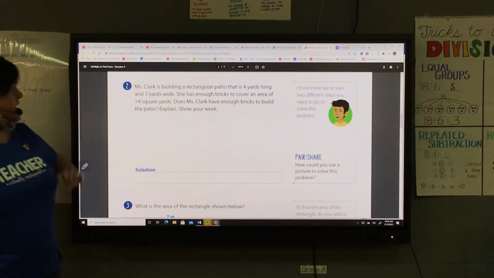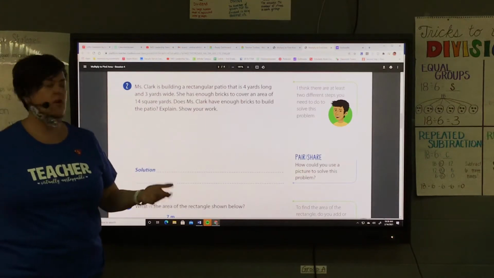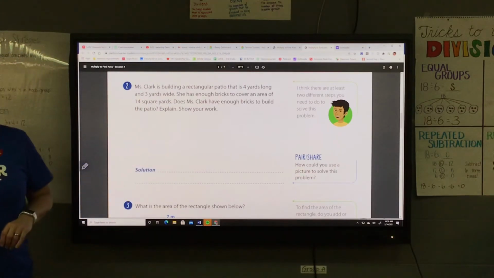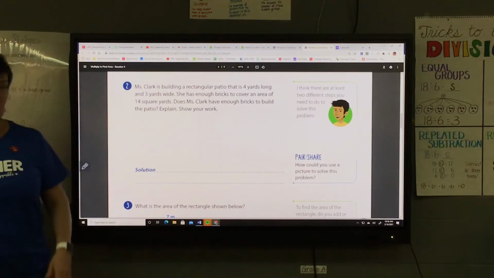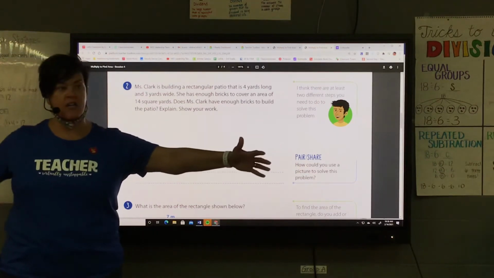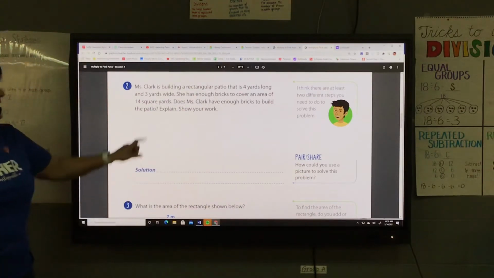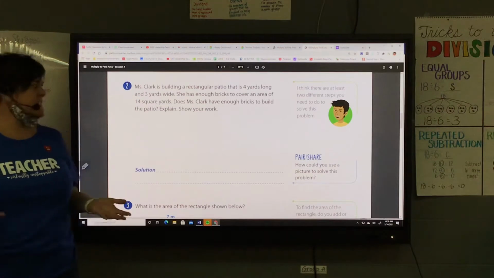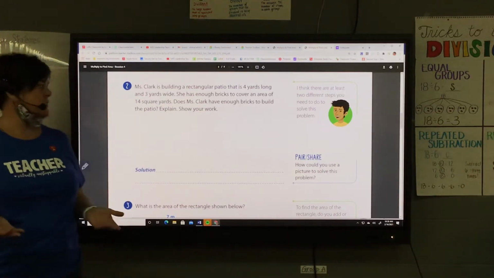Okay, looking at problem 2. Did you have to turn your page? Okay. Problem 2. Miss Clark is building a rectangular patio that is 4 yards long and 3 yards wide. She has enough bricks to cover an area of 14 square yards.